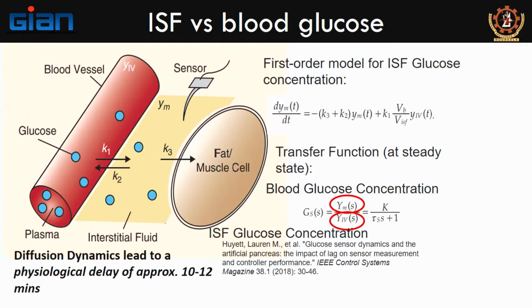Essentially it is the plasma glucose that we are monitoring, so there is a very strong correlation between ISF glucose and blood glucose. If blood glucose changes, ISF also follows, but with a certain delay. That is what we discussed in the last class.